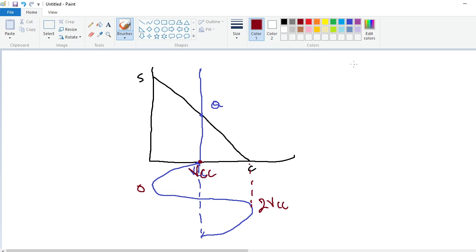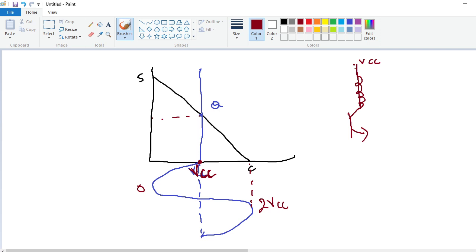Because here VCC is connected to the primary coil of the transformer, and this primary coil is connected to the collector of the transistor. A coil has the ability to oppose change in current, but here there is no change in current. So the entire VCC appears. At the active region, this point is VCC. So obviously the maximum value of the swing is 2 VCC.